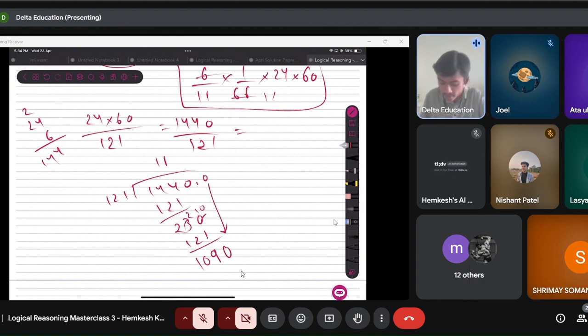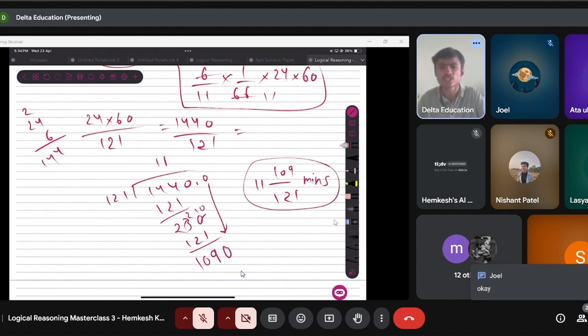So this would be nothing but 11 109 upon 121 minutes. So this would be the answer, Joel, 11.9 or this much. So this much would be the error. Got the answer?